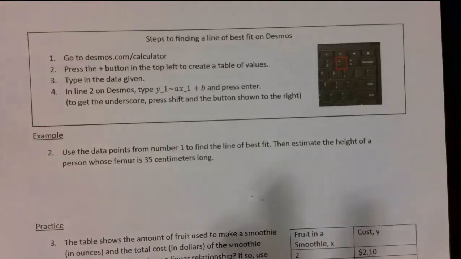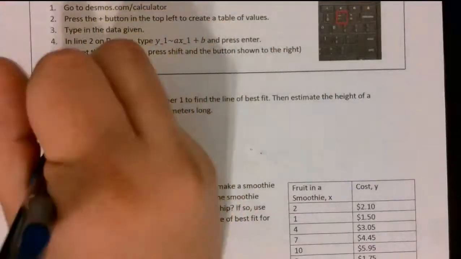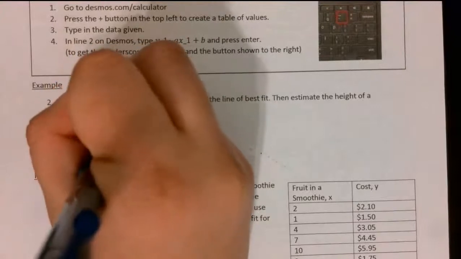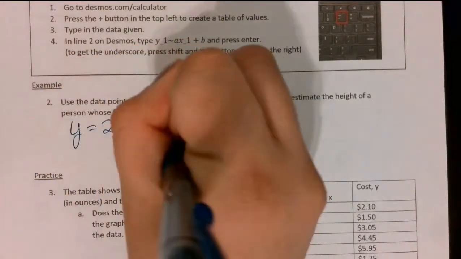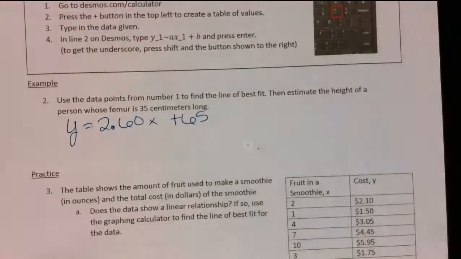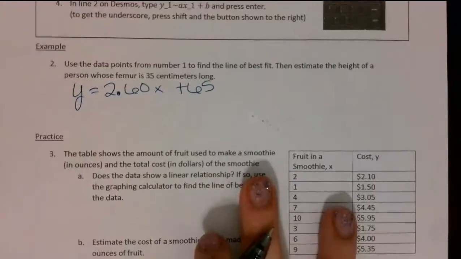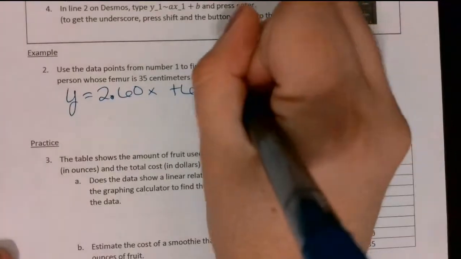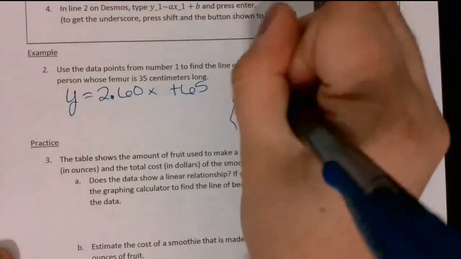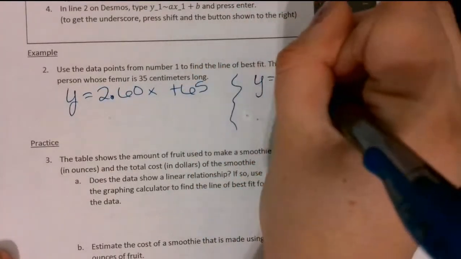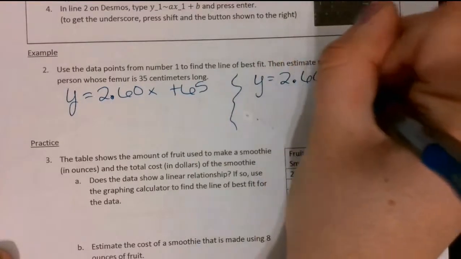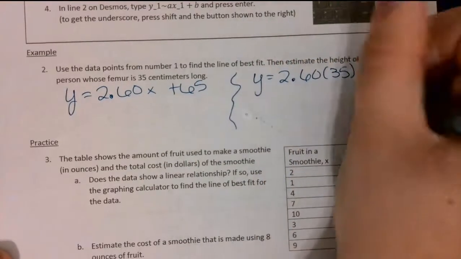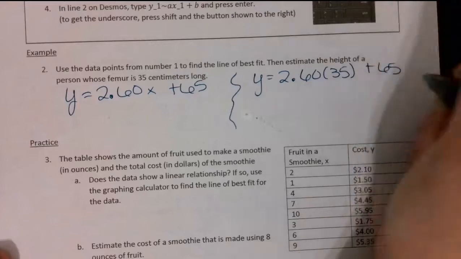I'm going to go back to my paper, and I am going to write my equation. So it's y equals 2.60x plus 65 because of the rounding. Then it wants me to estimate the height of a person who is 35 centimeters long. So I'm going to plug in 35. I have y equals 2.60 times 35 plus 65.